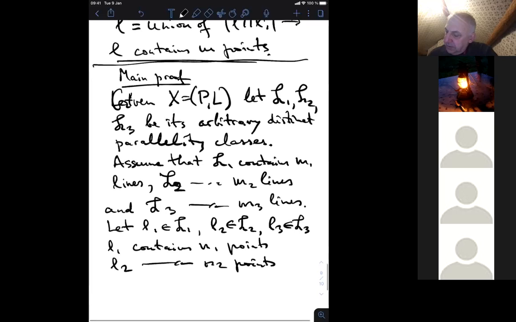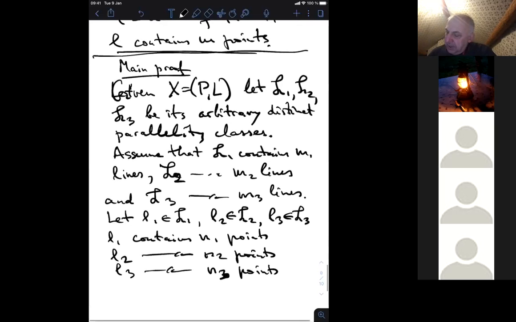These are notations so far. Now we'll show that all n's and all m's coincide. The previous claim says that m1 should be equal to n2, which should be equal to n3.